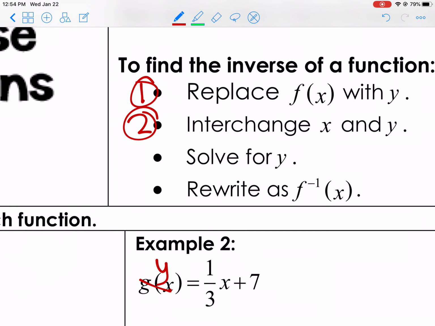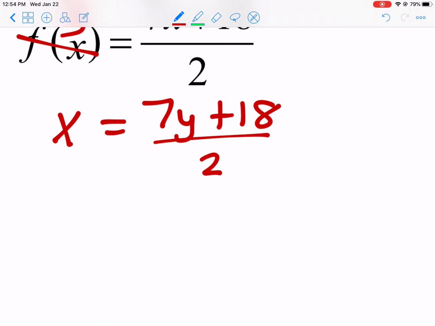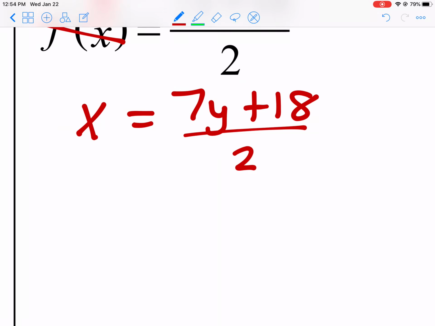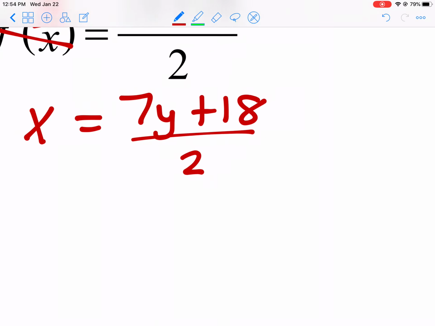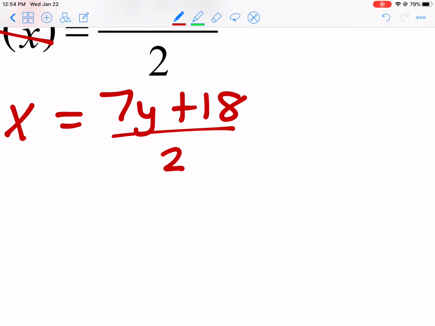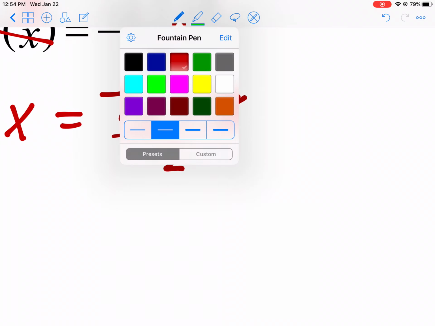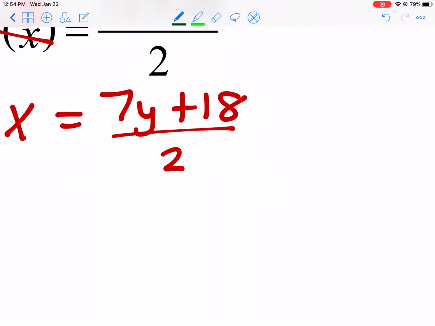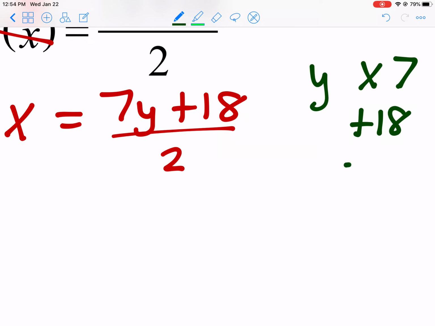Okay, the third step is now to solve for y, and this is where the bulk of the work comes in. So we've got some algebraic fun to deal with, right? What we're going to do here is undo each of the steps of what's happening. So if we talk about the y here, we could say the y is being multiplied by 7, then having 18 added to it, and divided by 2.